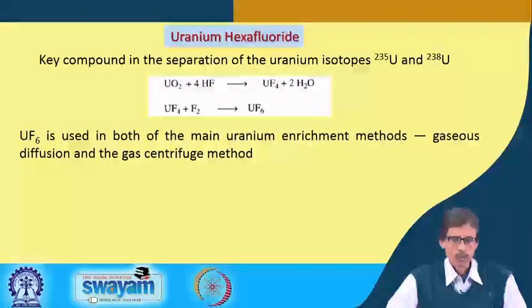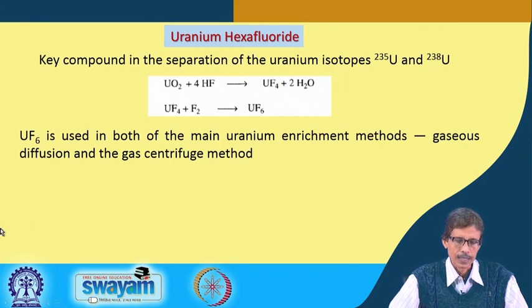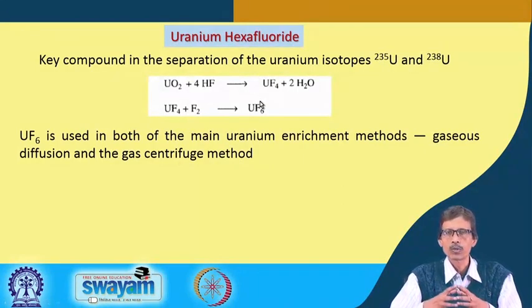So, this particular one, because uranium hexafluoride you are forming here, and if you have the two isotopes uranium 235 and 238, depending upon the percentage of uranium 235 and uranium 238, you get two of these compounds which are isotopically different.